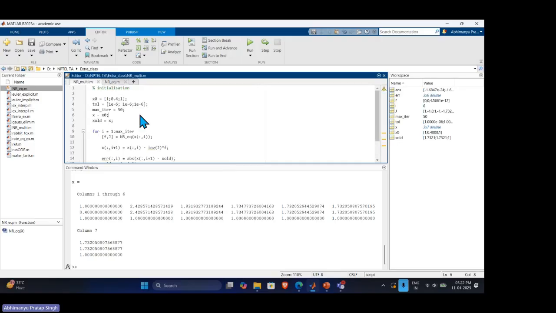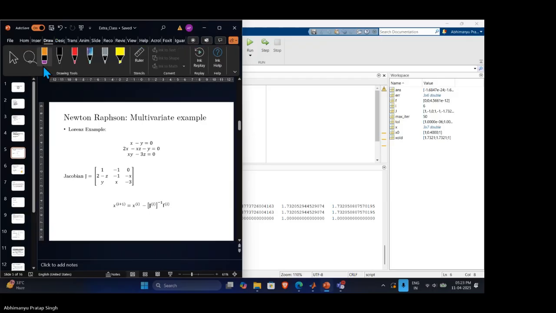The other solution is if we change the initial condition. So it's a 3D problem, and I will just explain in 2D what is happening.